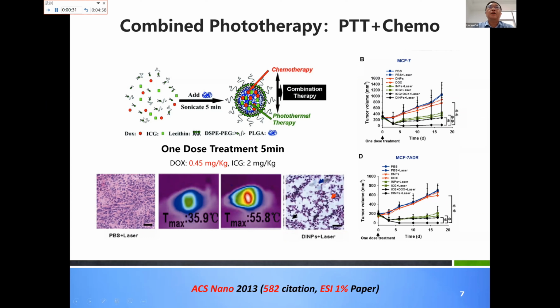We only use a very low dose, only one third of the normal dose, which is 2 milligrams per kilogram. After laser shining, the local temperature rises by 15 degrees, resulting in tissue damage and very good tumor ablation.